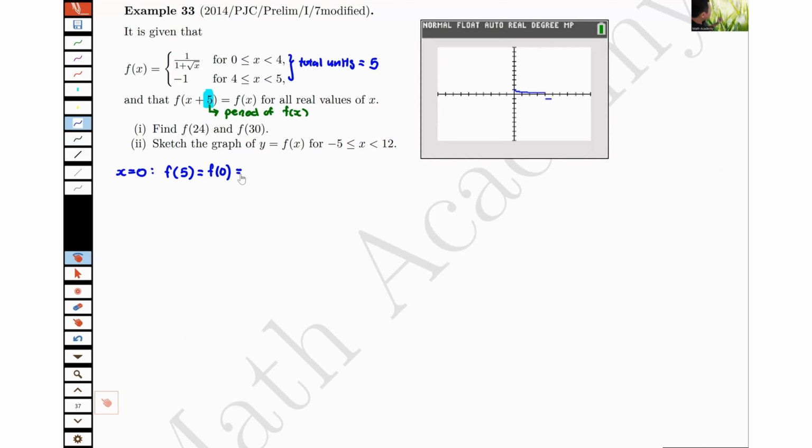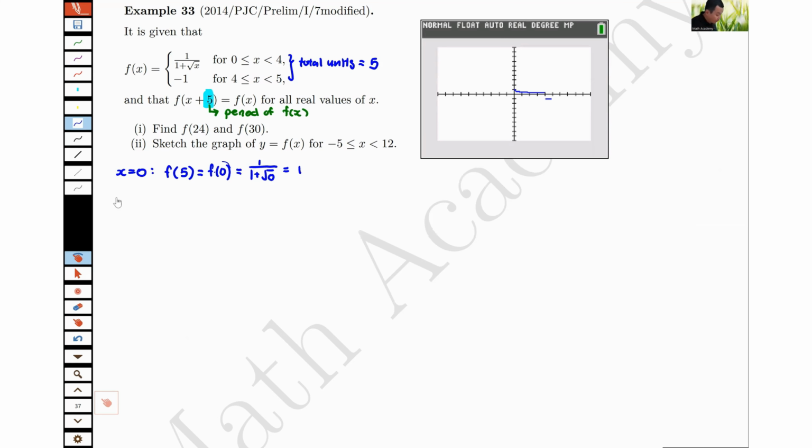So it is telling us that the x value at 5 and the x value at 0 have the same y value. So what is that y value? If I put 0 into the top piece equation, this will give me 1 over 1 plus square root of 0, which is 1. Why are we putting it into the top piece equation? It's because 0 is defined on the top piece. x is inclusive at 0 for the top equation.